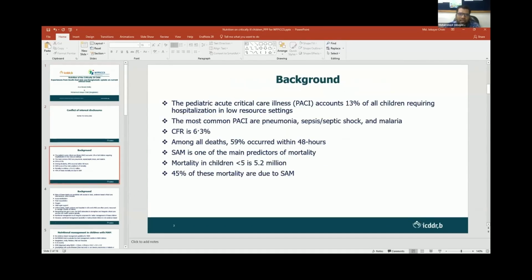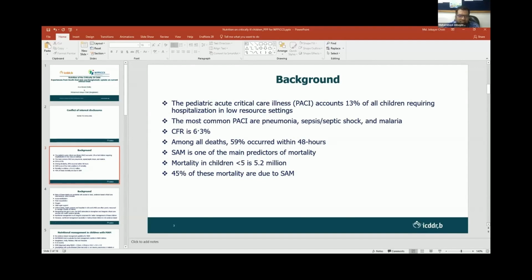As you know, recently we have come to know that among children who require hospitalization, especially in low and middle income countries, 13% present with pediatric critical illness. Among these, most present with either pneumonia, sepsis or septic shock, and malaria.